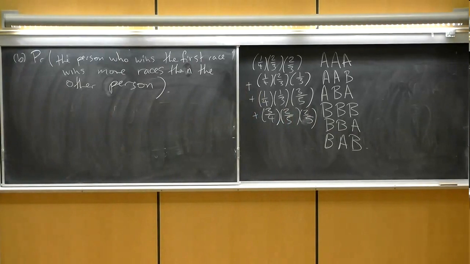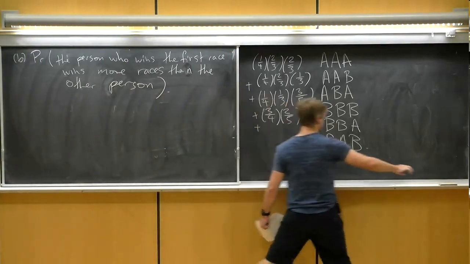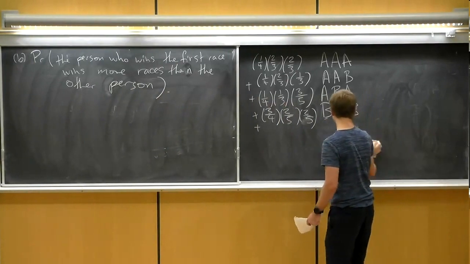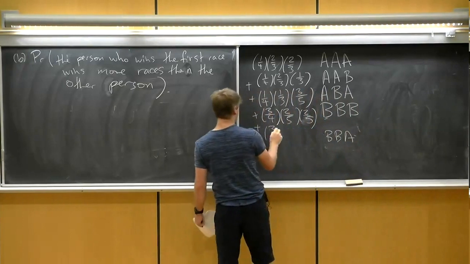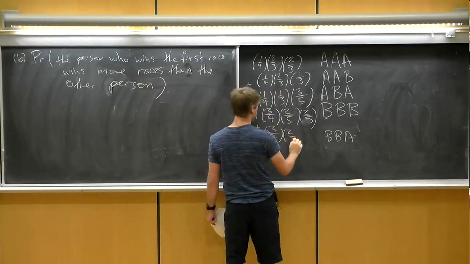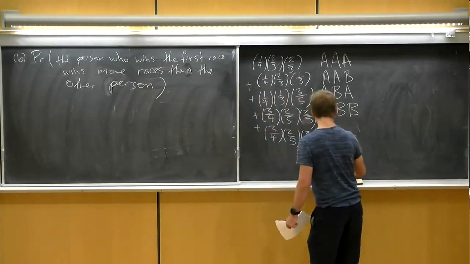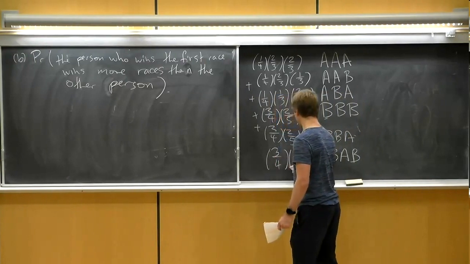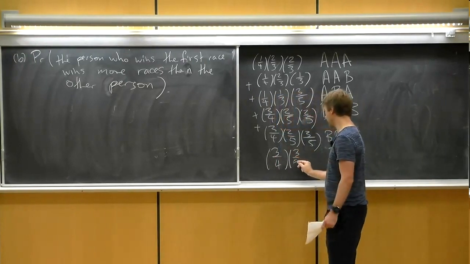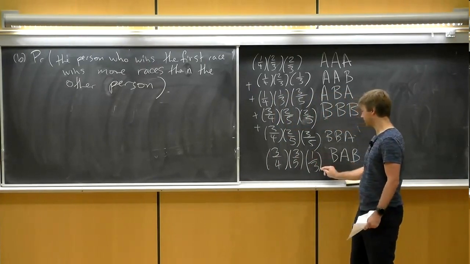Because you follow the top thing. Then we've got three-quarters, 2/5, 3/5. Then we've got 3/4, should be 3/5. And now Alice has 1, so 1/3.